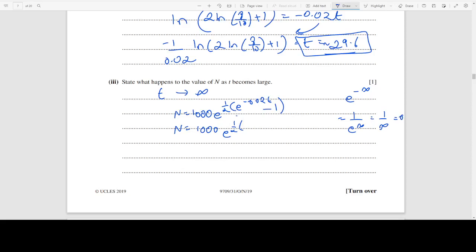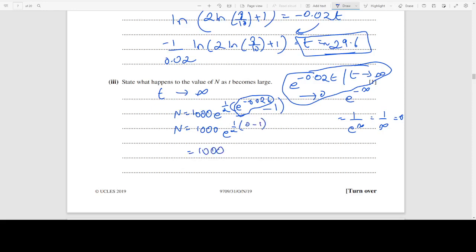So we have this term right here, e raised to minus 0.02t. When t approaches infinity, this term will approach 0, correct? So we have half 0 minus 1, so 1000 e raised to minus half, so N equals 1000 upon e raised to half, which is root e.